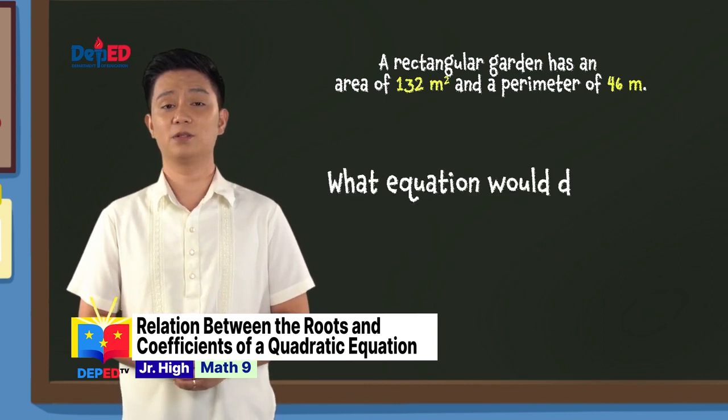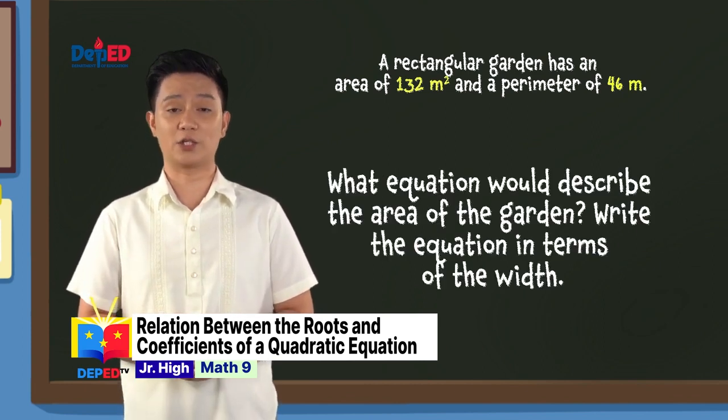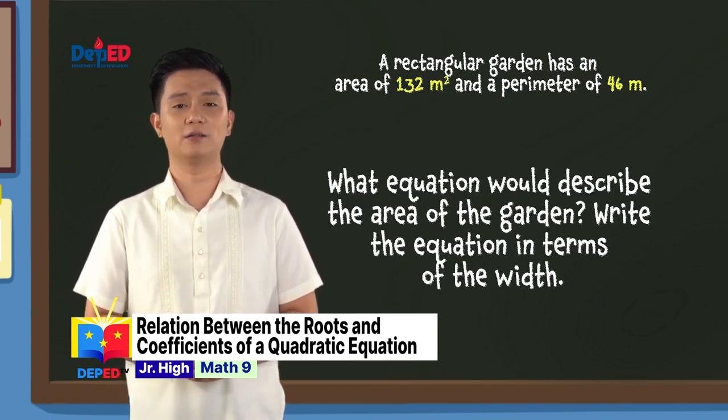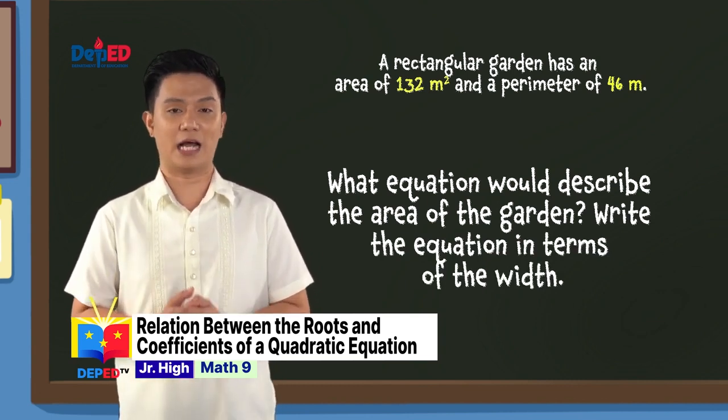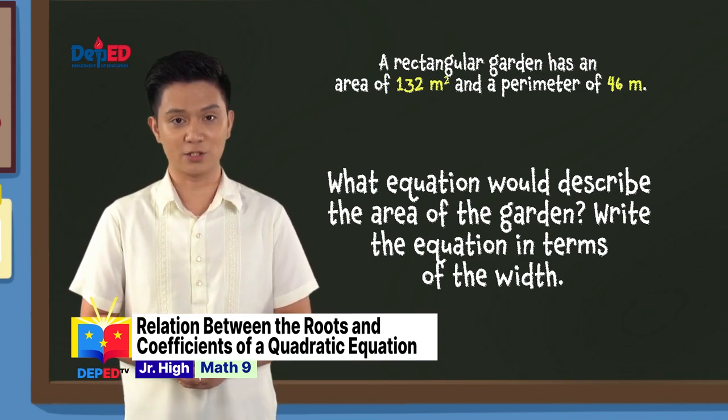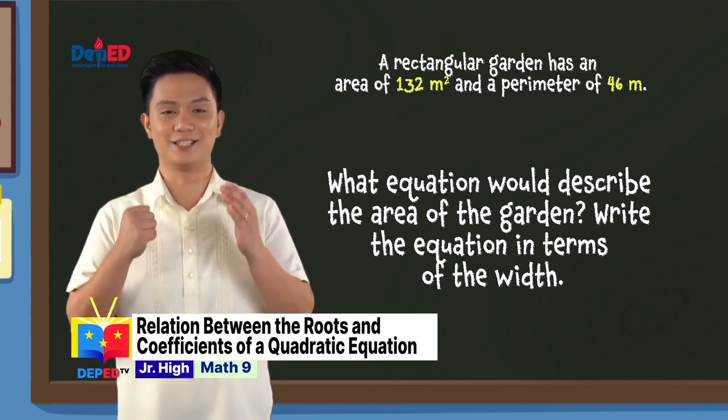Question number 2. What equation would describe the area of the garden? Write the equation in terms of the width and in standard form. 30 seconds on my mark. Let's do this!